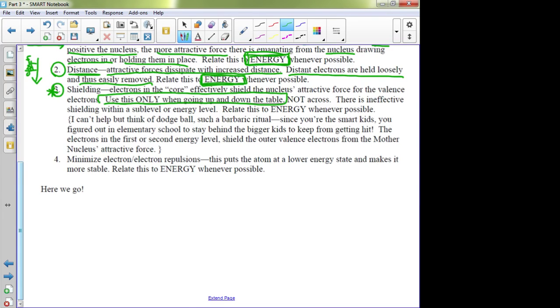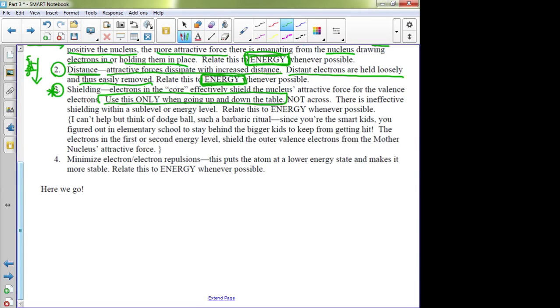Shielding never, ever, ever works if you're going across the periodic table. Okay? And so shielding is one of those that, yes, you can use. And if you understand it, go for it. Write it. But don't make this one your go-to argument. Going down the periodic table, I want you to talk about adding energy levels and distance more than I want you to talk about shielding.